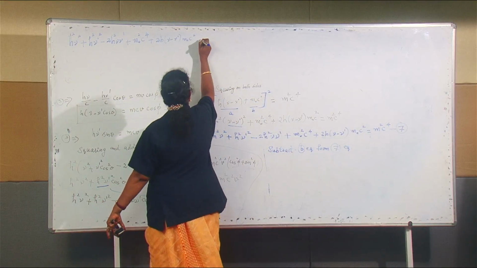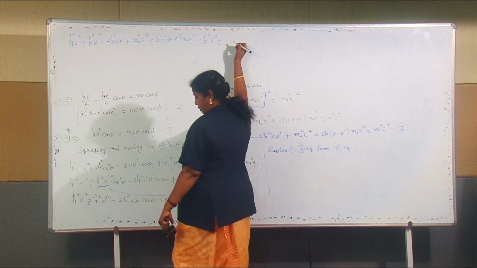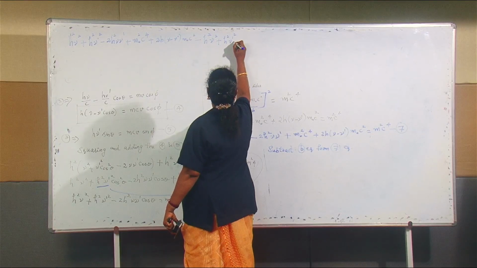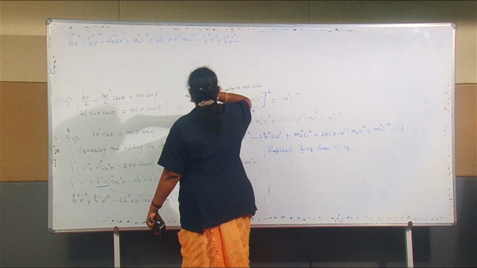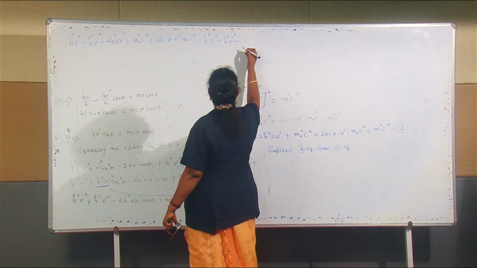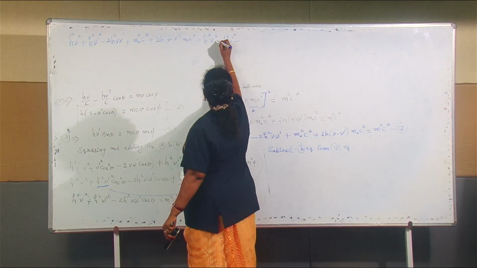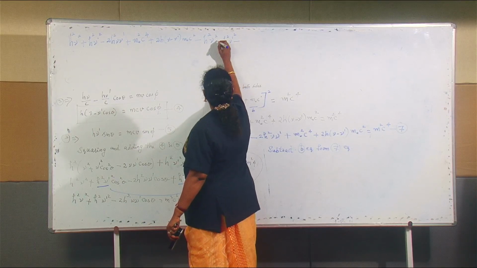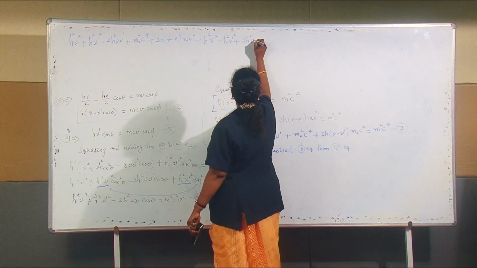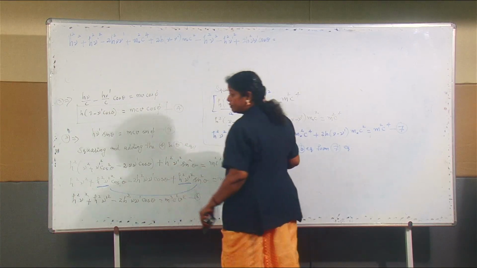The next term is minus h squared nu squared plus h squared nu dash squared, minus, this minus will be changed into plus, sorry, minus, and this will change into plus 2h squared nu dash cos theta. We complete the left side, right?